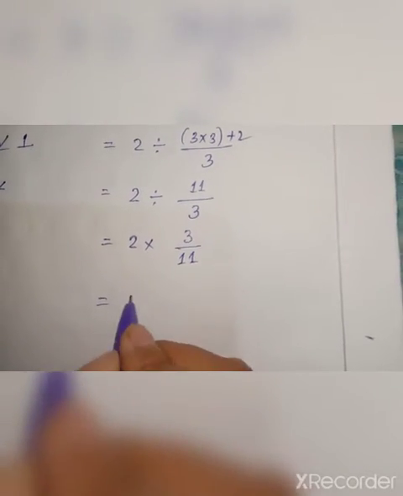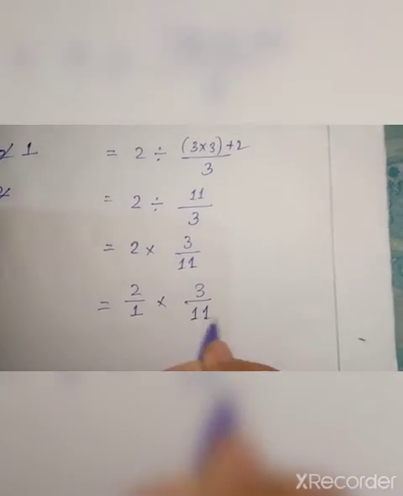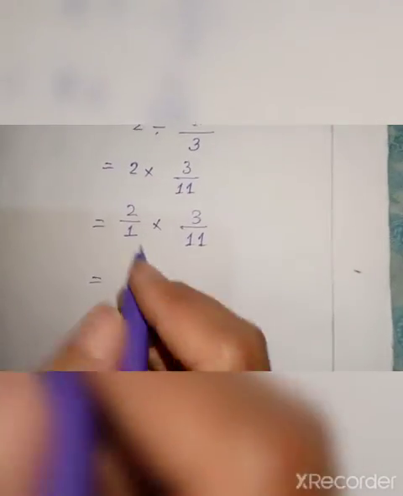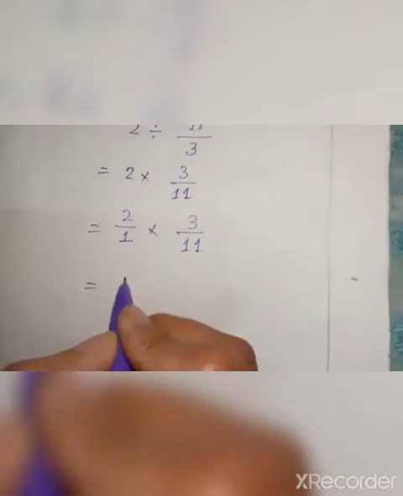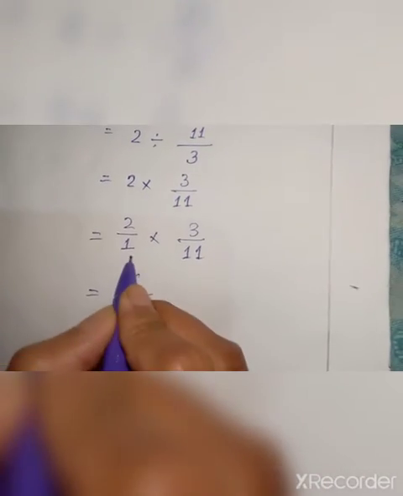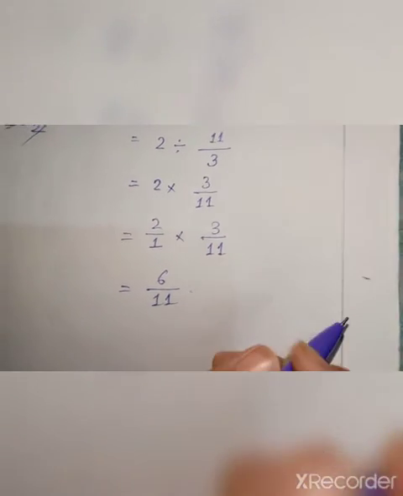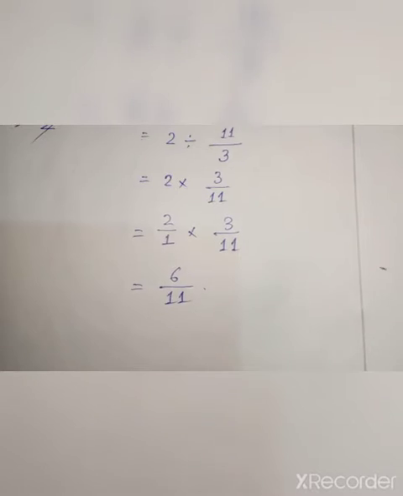Then here is 2 by 1 into 3 by 11. There is no cancellation from these numbers, so you just multiply numerator into numerator: 2 into 3, 2 3s are 6, and 1 11s are 11. Okay, understood? So the rest are for your homework. Try to do them and show me. Okay.